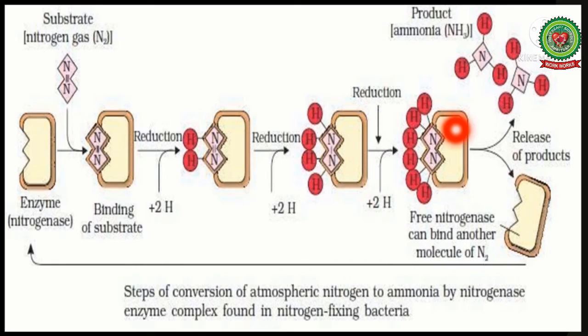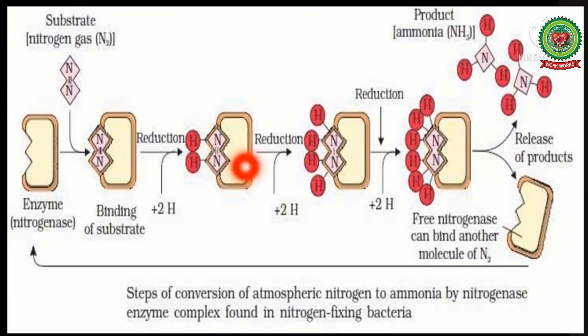In this sequential process, in each step, two atoms of hydrogen are added to molecular nitrogen and one bond is broken between them. After three successive steps, all the three bonds present in a molecule of nitrogen are broken, and it results in the formation of two molecules of ammonium.